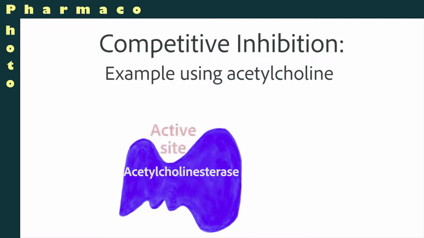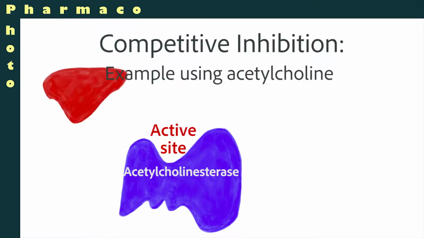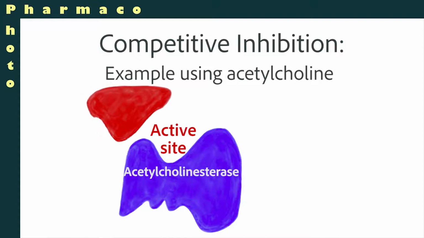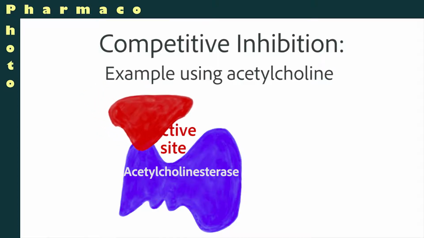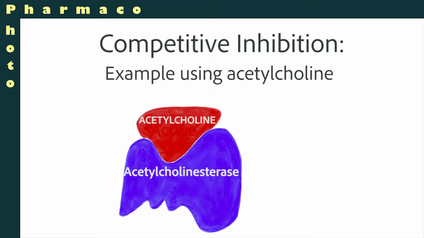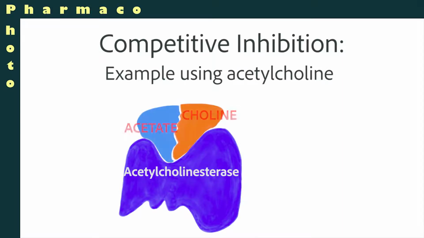The structure in purple is the enzyme. Let's use the example acetylcholine esterase, the enzyme that breaks down the neurotransmitter acetylcholine. The structure in red is the substrate, and in this case, the substrate is acetylcholine. When the enzymatic action happens, acetylcholine will degrade to acetate and choline.